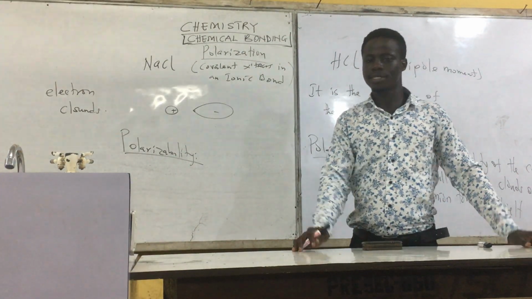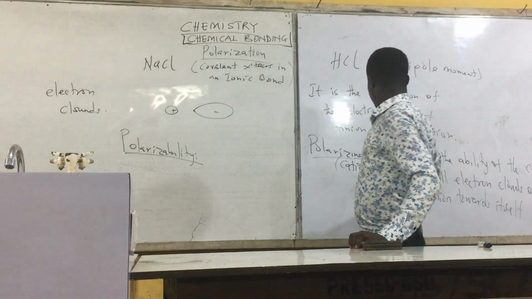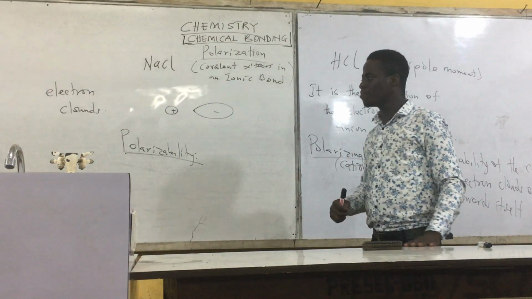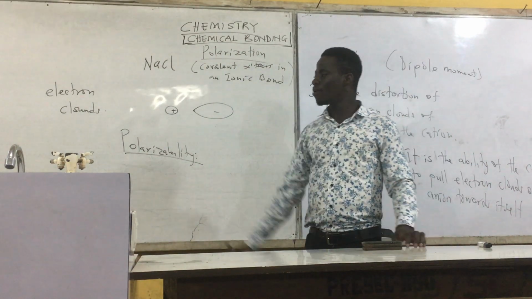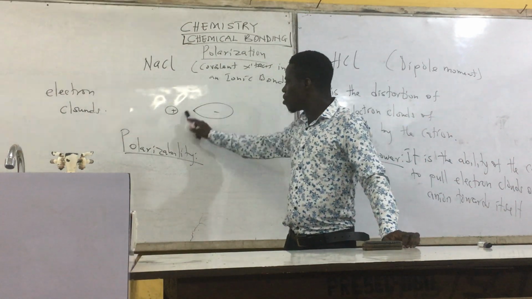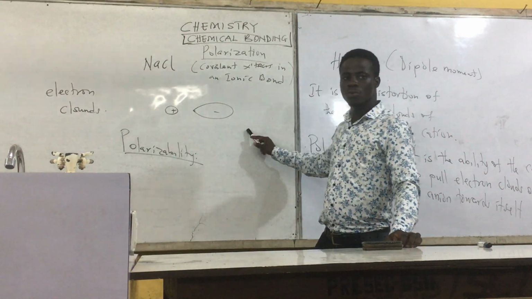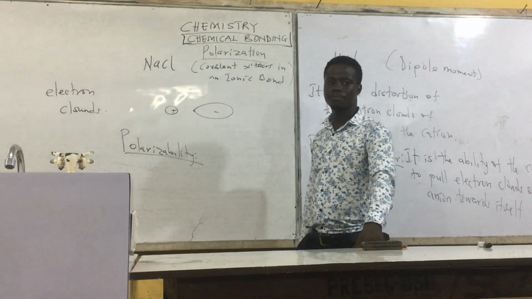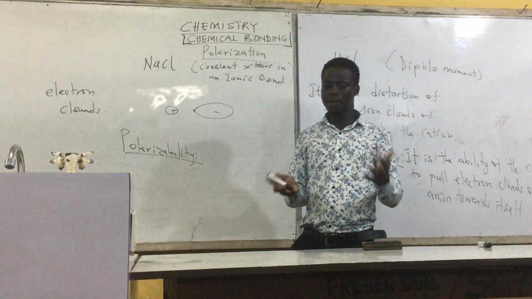So are you seeing the difference? Here, it is the cation that is pulling the electron cloud towards itself. That is called polarizing power. But polarizability is the ability of the electron cloud of the anion to move towards the cation.